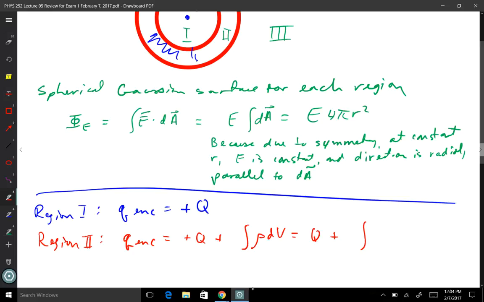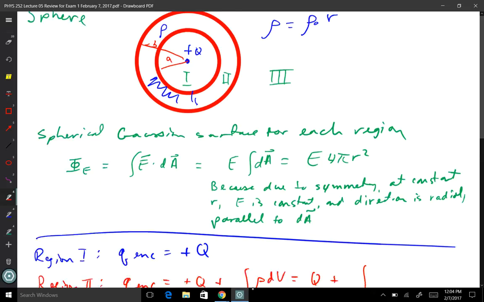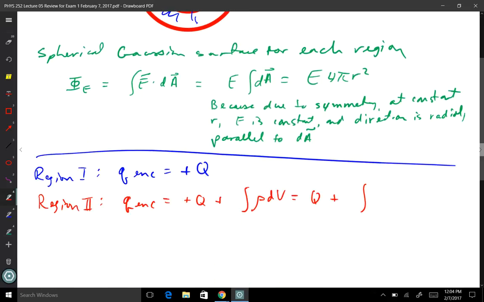integral over radius from, oh, I didn't label. Let's say this is A and that is B. So the inner radius is A out to wherever I am, so I'm going to put R region 2.